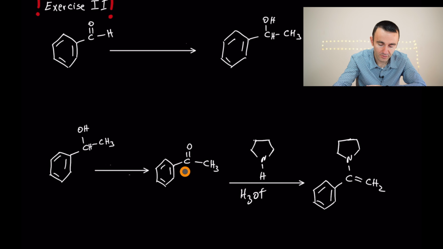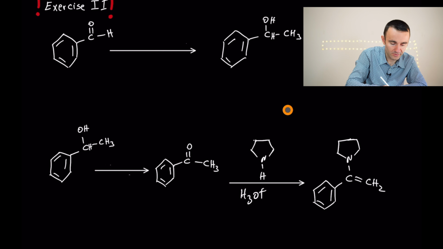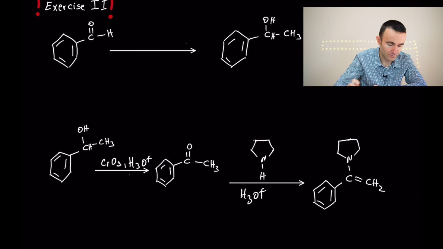In acidic medium, you're going to add this compound to form the enamine. After that, from this ketone, it has gone to a secondary alcohol. From secondary alcohol to ketone, what do we do? This is an oxidation, so we can use chromium trioxide in H3O+, right?